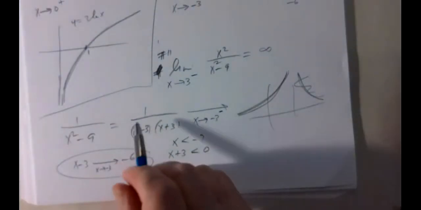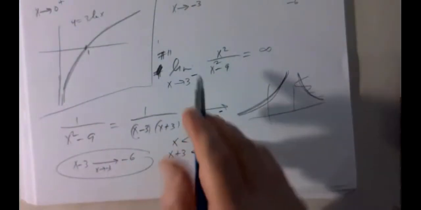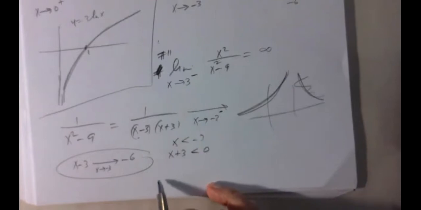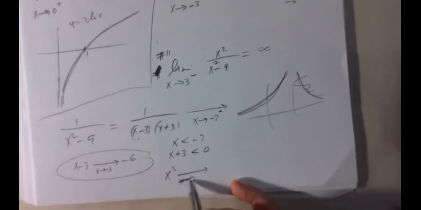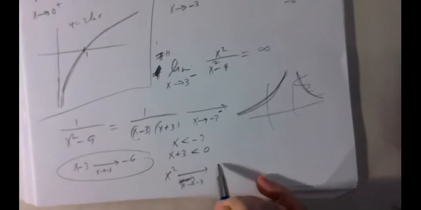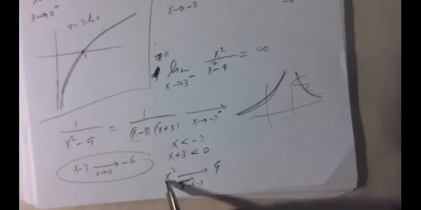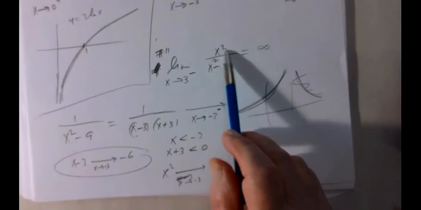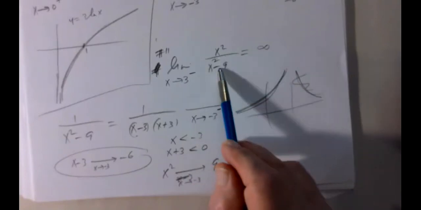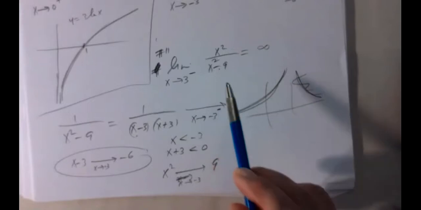All right, well, the limit of x squared as x approaches -3 is 9, right? X squared is positive, and this is positive. So you still have a positive number over a positive number, and the denominator is going to 0. So this is going to plus infinity.